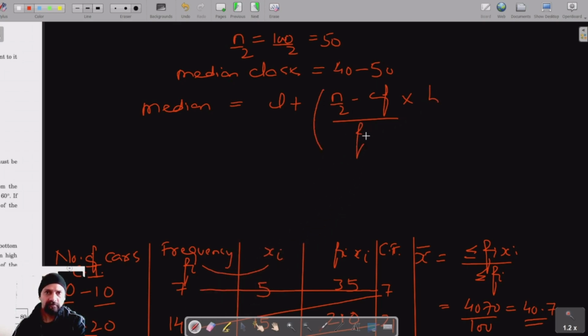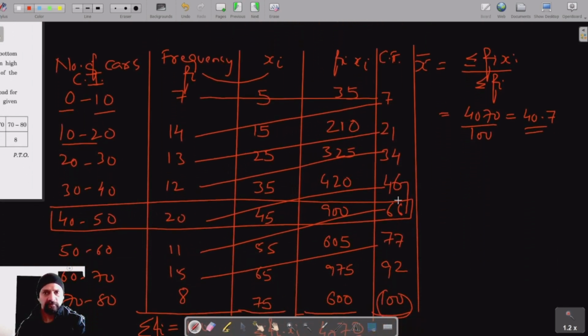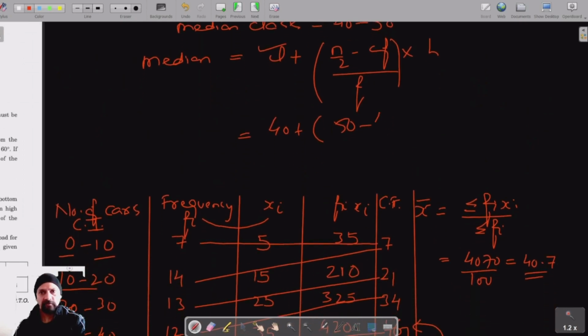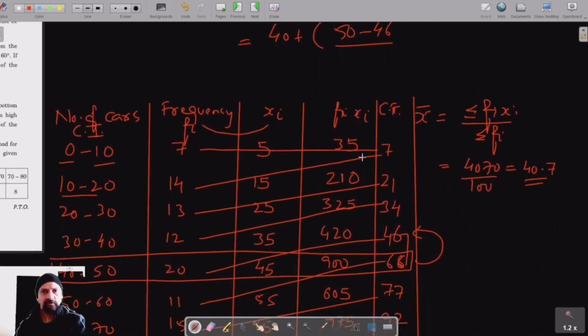into h, where h is the class size, l is the lower limit of the median class, which is 40, n by 2 is 50, and cumulative frequency is the cumulative frequency of the class preceding the median class, which is 46.